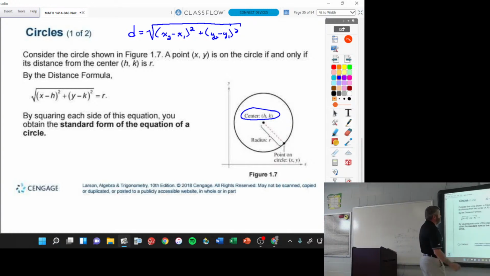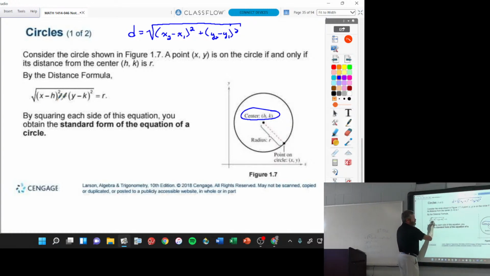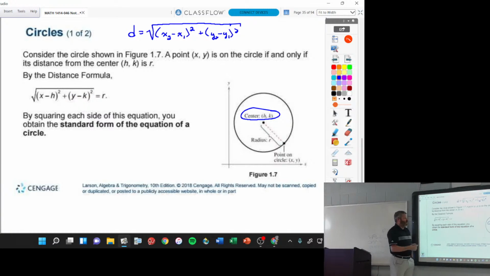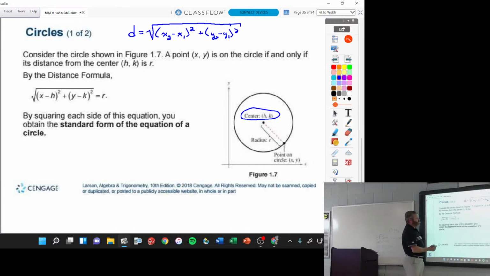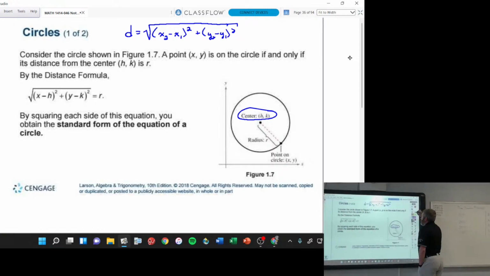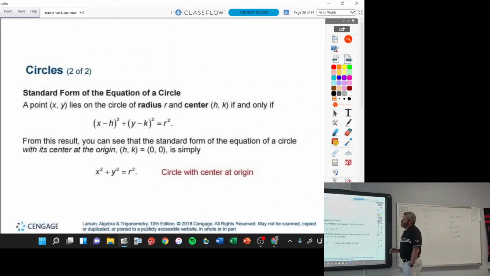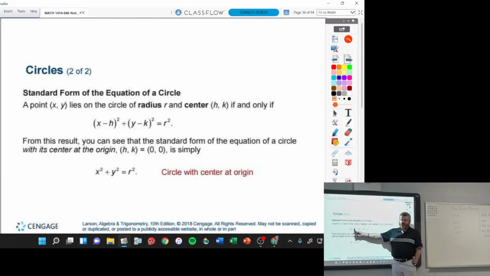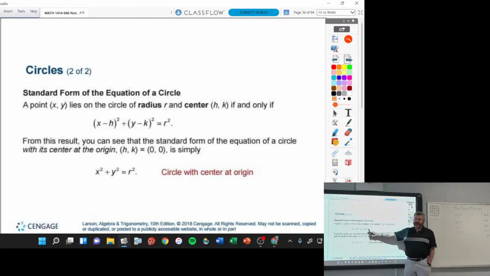So if we were to take this equation, x minus h squared plus y minus k squared, and square both sides, we would actually be able to put it in standard form. So right now, this is not standard form, but as soon as I square both sides, it will put this in standard form. So the standard form of a circle is given as x minus h squared plus y minus k squared is equal to r squared.